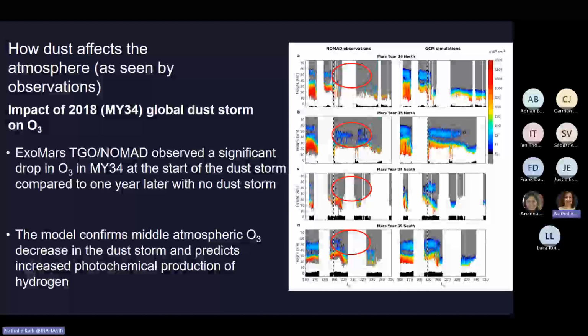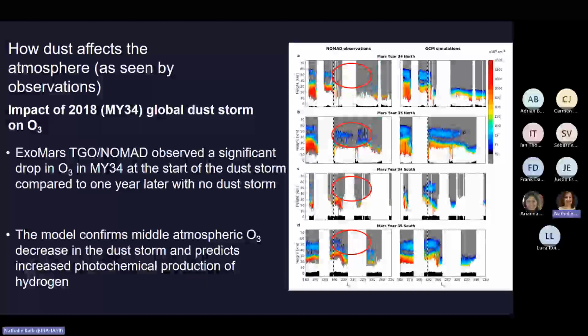If you affect water vapor, you have an effect on ozone. So again, NOMAD observed some interesting behavior during the Mars Year 34 dust storm. These are NOMAD observations: Mars Year 34 Northern Hemisphere, Mars Year 35 Northern Hemisphere, and this is Southern Hemisphere.